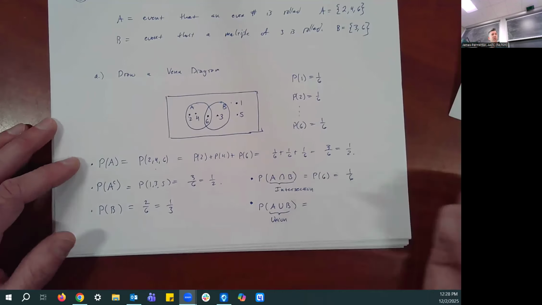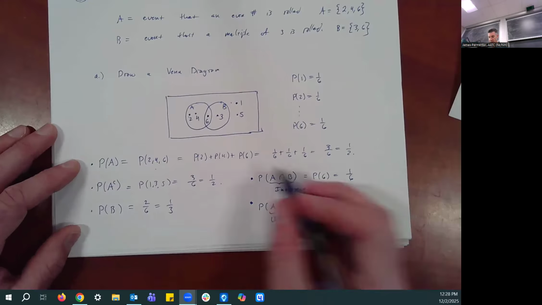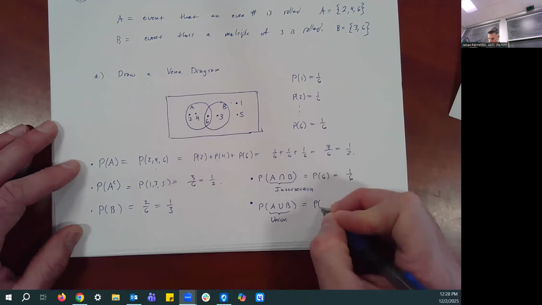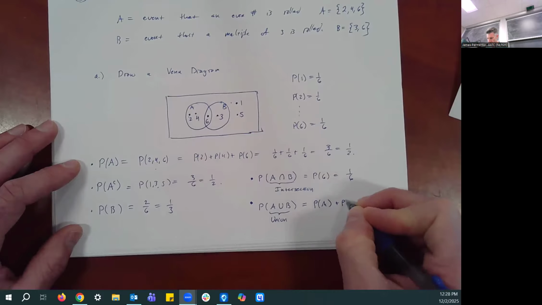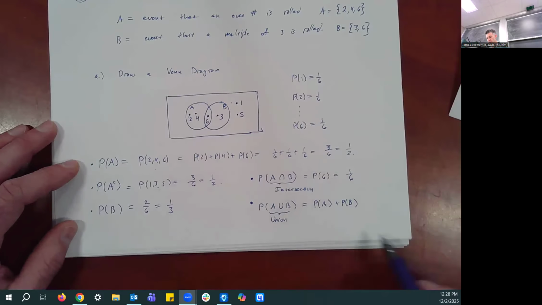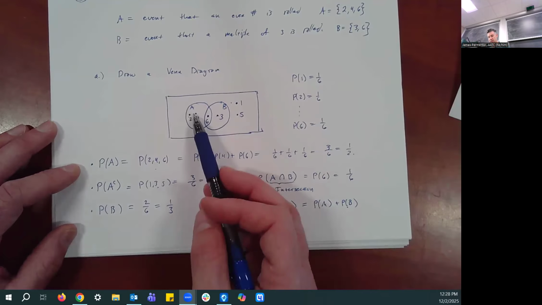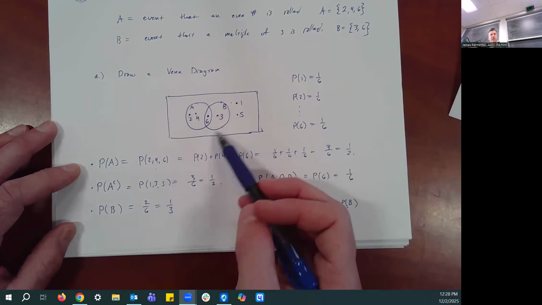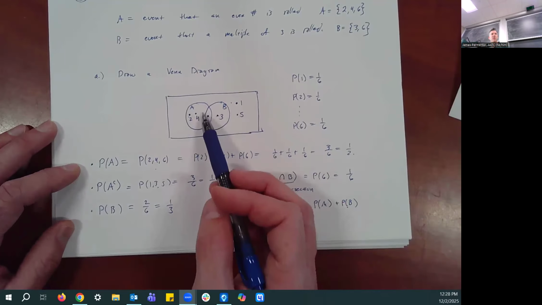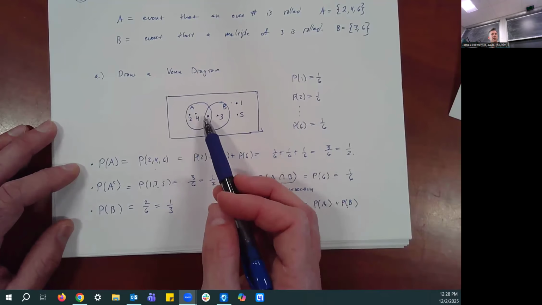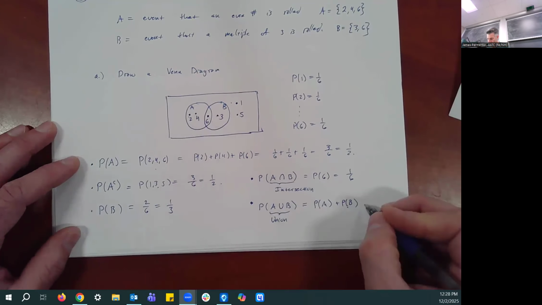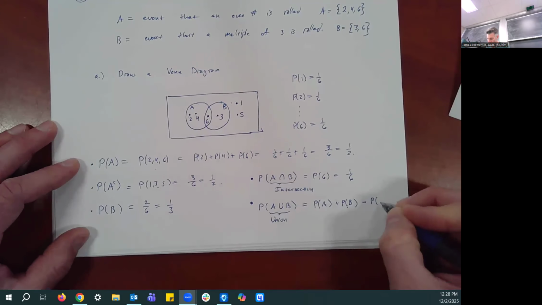But there's also a formula for it. Check this out. It's everything in A plus everything in B, or the probability of B. If I count up the probability of A, that's 3/6, and the probability of B, that's 2/6. But I've counted the thing in the middle twice, and I don't want to double count anything, so I'm going to subtract off one of those double countings.